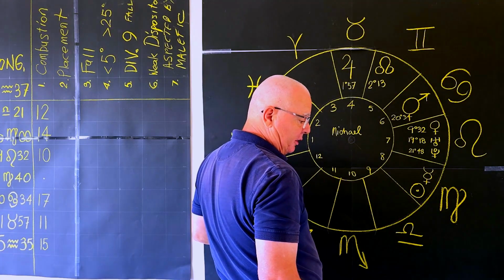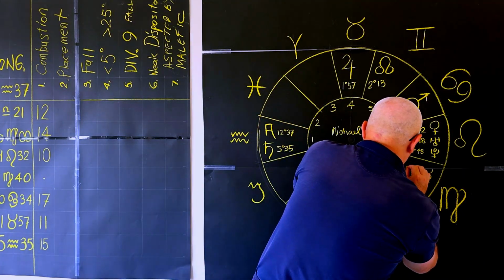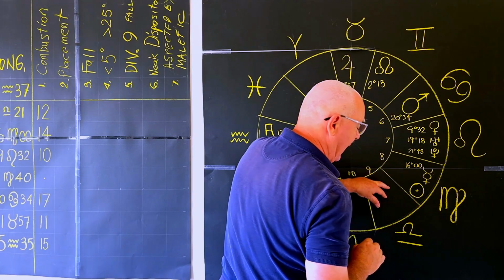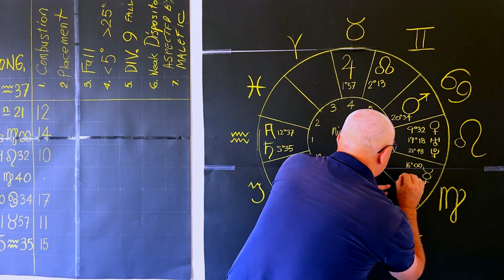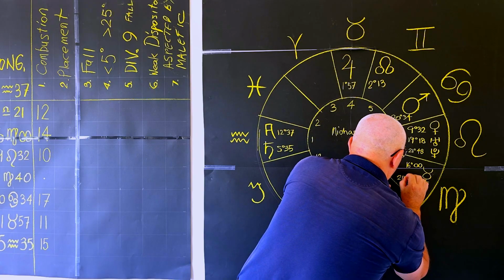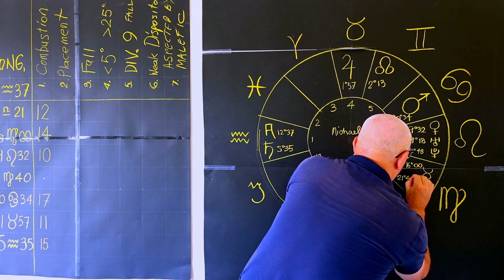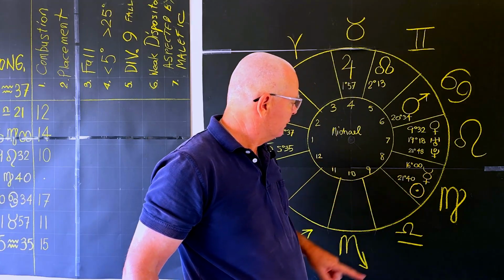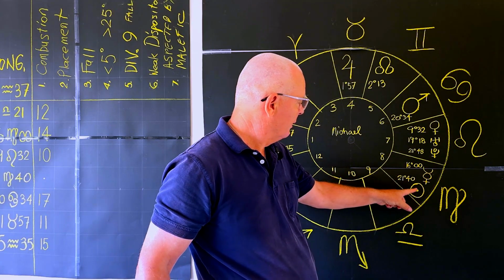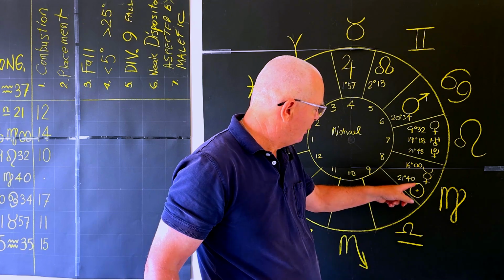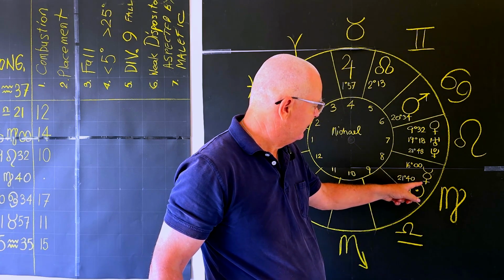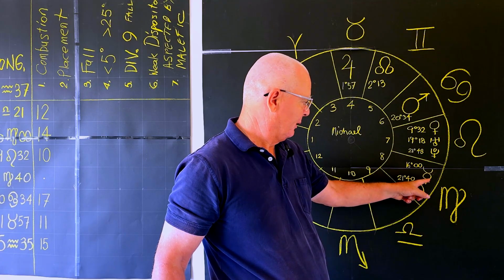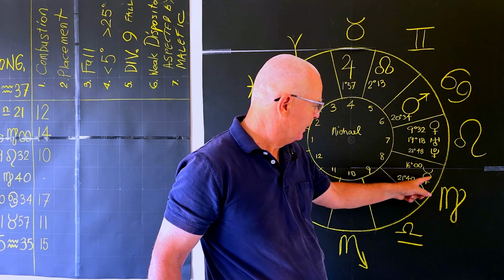Mercury at 16 degrees even. And the Sun at 21 40. The proximity of these is important in my life. It corresponds to an event, and it's also a weakness of Mercury, which we're going to do in a moment.